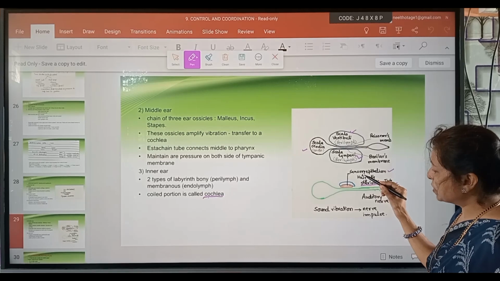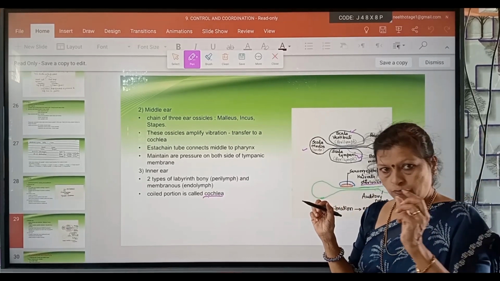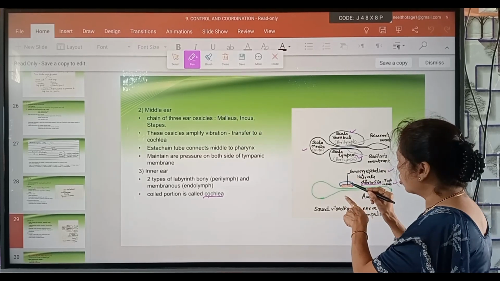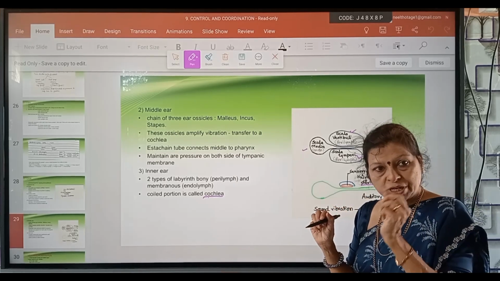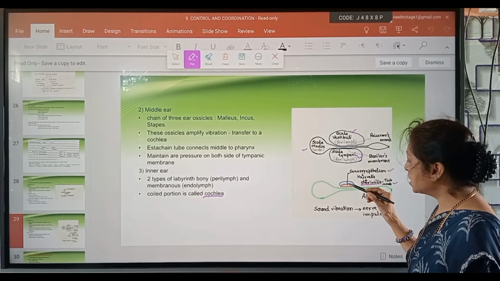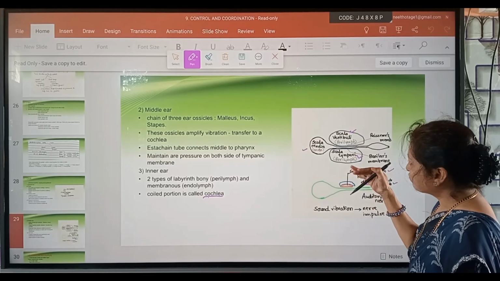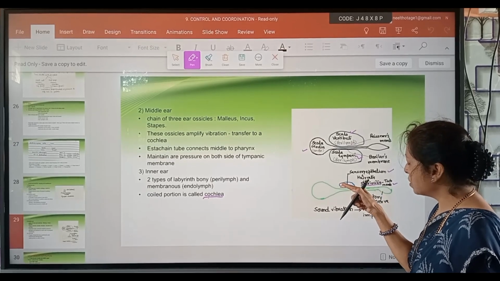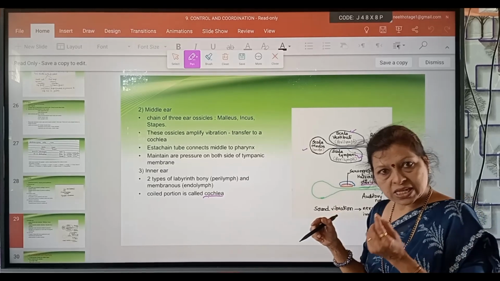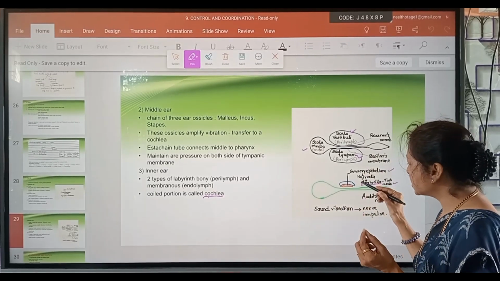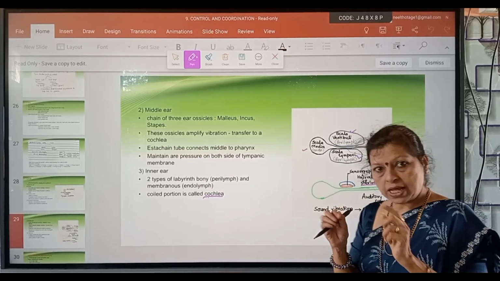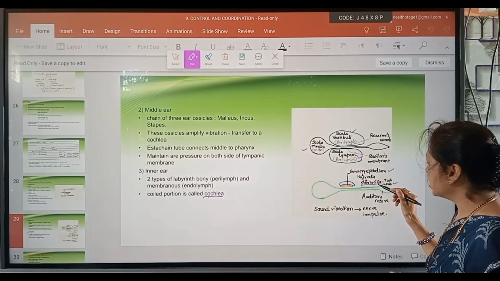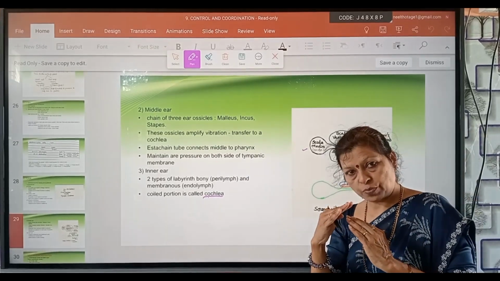Once more, we can see that this organ of Corti is a small P-shaped structure present here on the basilar membrane. The organ of Corti has a sensory epithelium which has hair cells, and the hair cells have small stereocilia. These stereocilia are covered by the tectorial membrane.